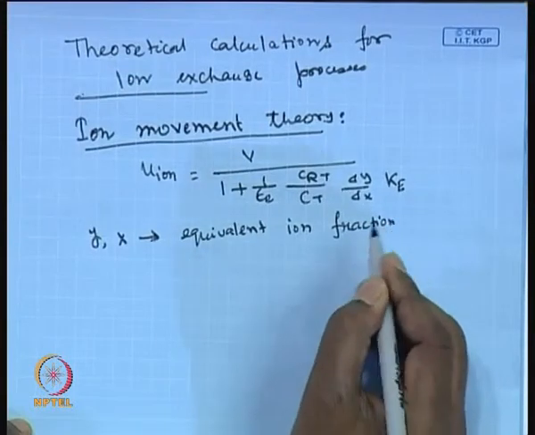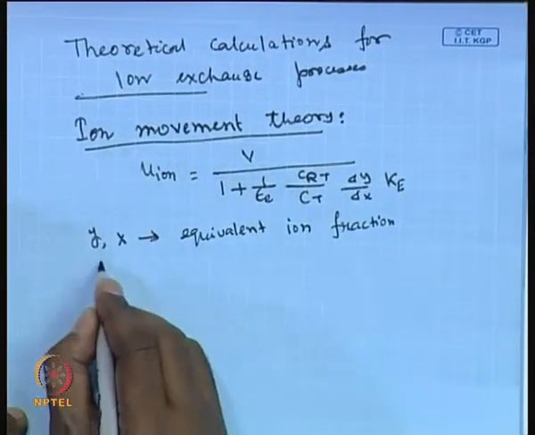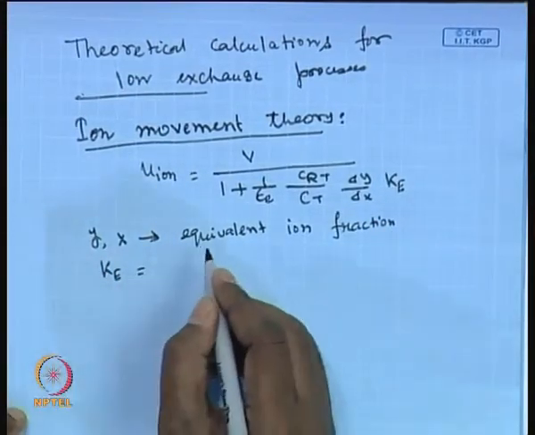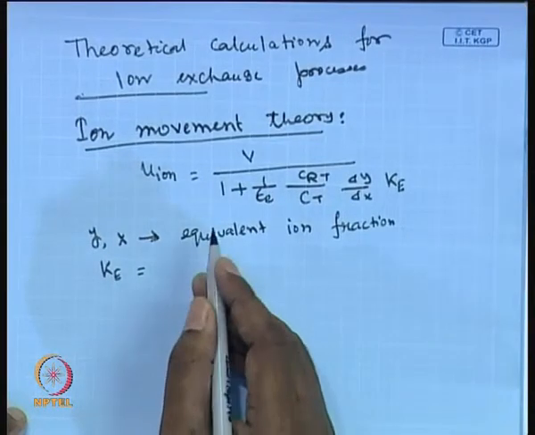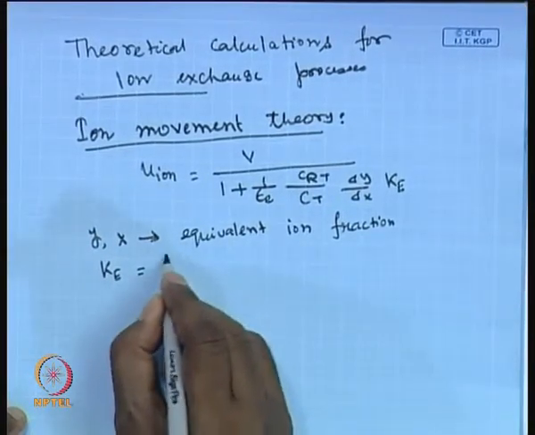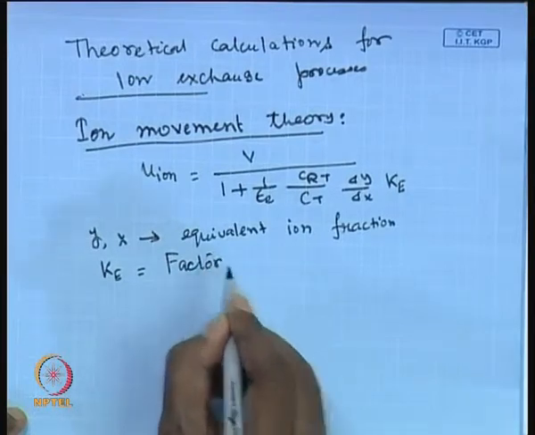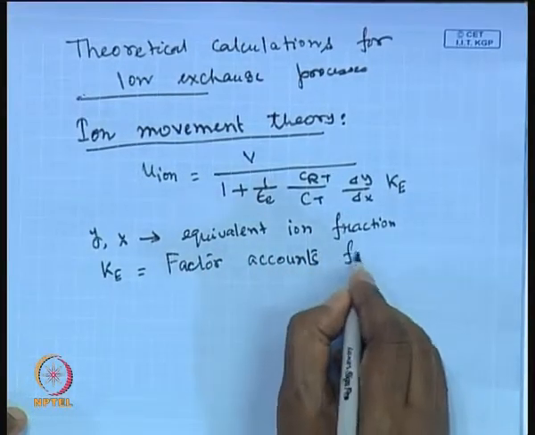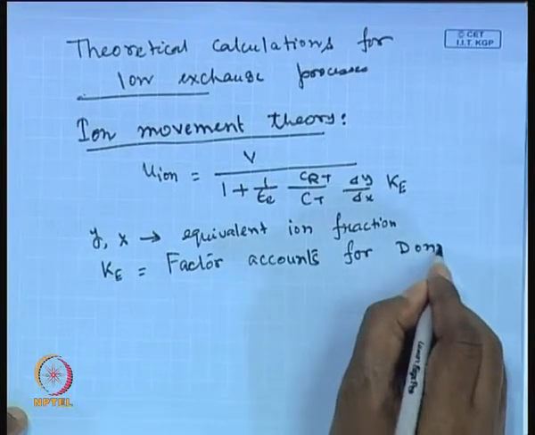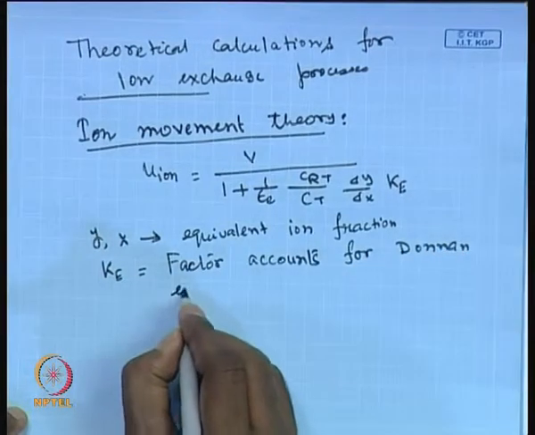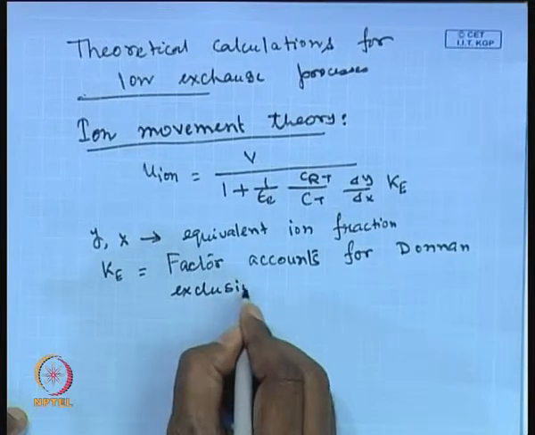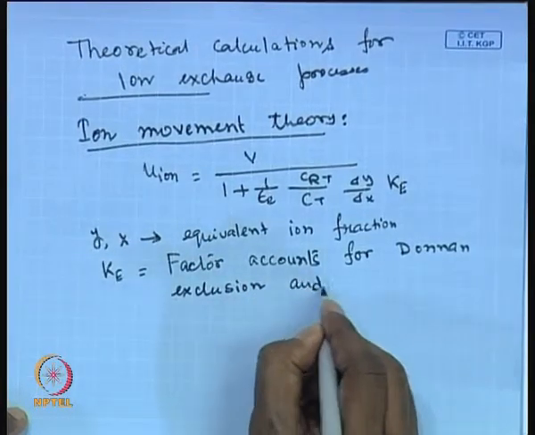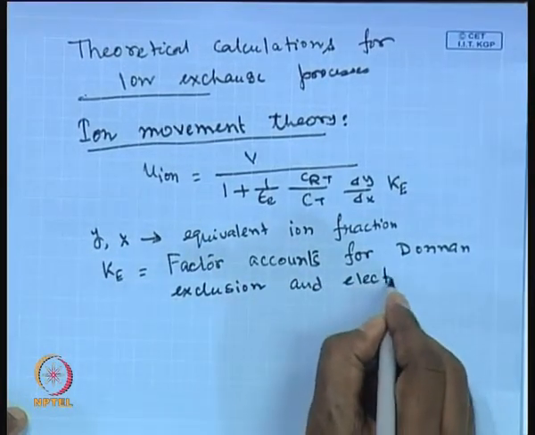In resin phase or in the solution phase, K E is a factor that includes the Donnan exclusion and electroneutrality.